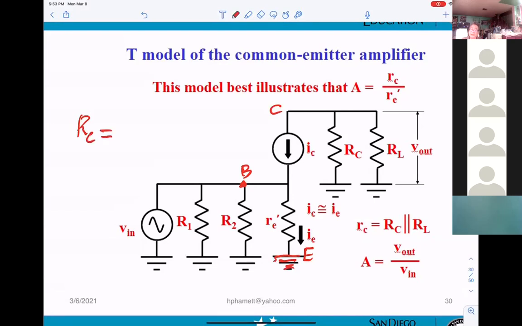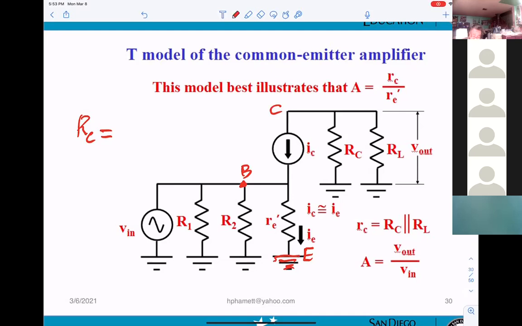If I say I want rc, lowercase c, what is it equal to? RC capital parallel RL capital.